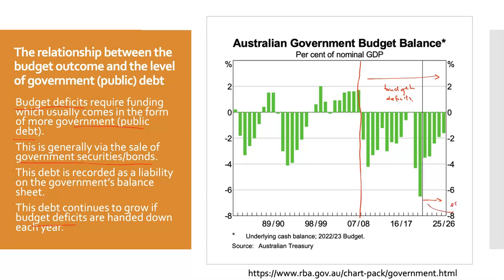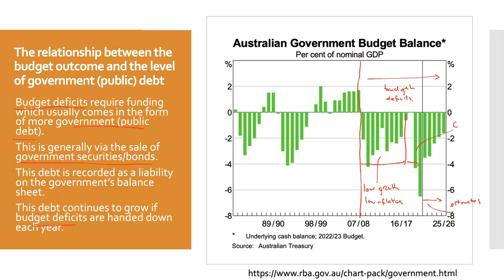This is our estimates, and we'll look at what those estimates are. Prior to COVID, so leading up to about here, so we'll put a line here, these were deficits because there was low growth, low inflation, and governments were taking an expansionary approach to try and drive economic growth.